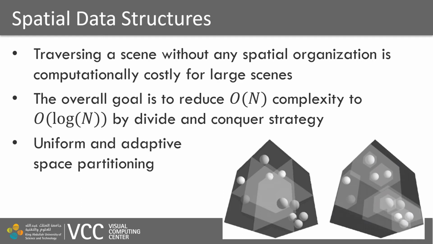We will be talking about various types of data structures, which are either object-centric or scene-centric, and are partitioning our representation so that we can quicker evaluate whether we are supposed to handle a particular object or not.